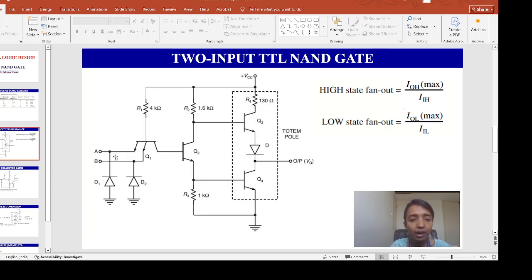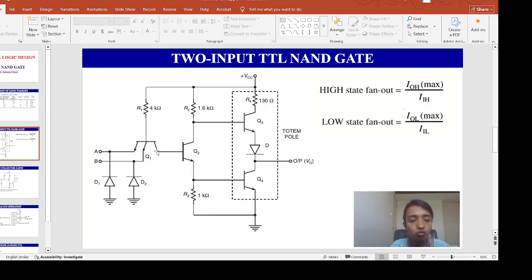So the first case we considered is both inputs A and B high. Now, when either A or B or both are low, what will happen? The corresponding base emitter junction of this transistor will be forward biased, and the collector base junction of transistor Q1 will be reverse biased.